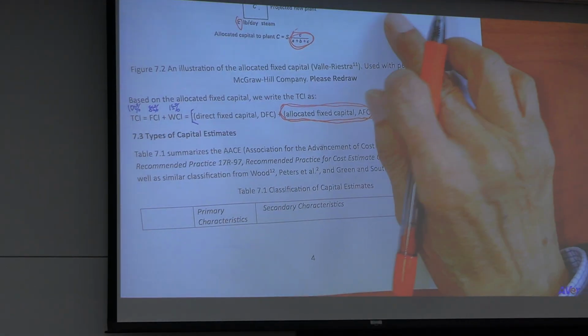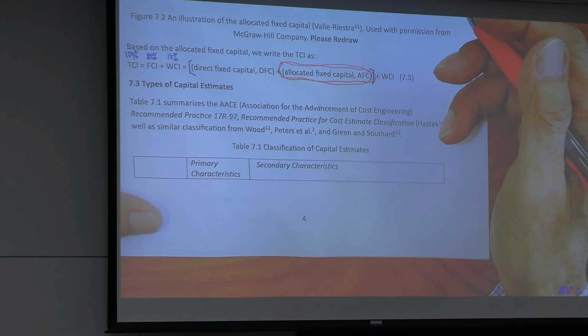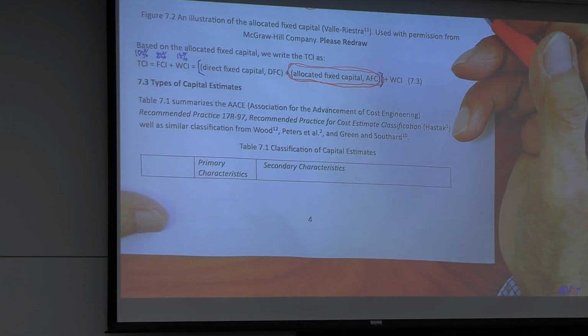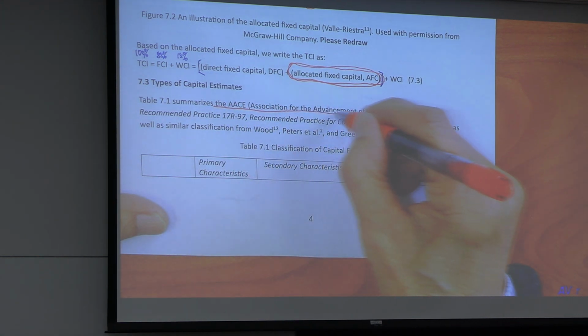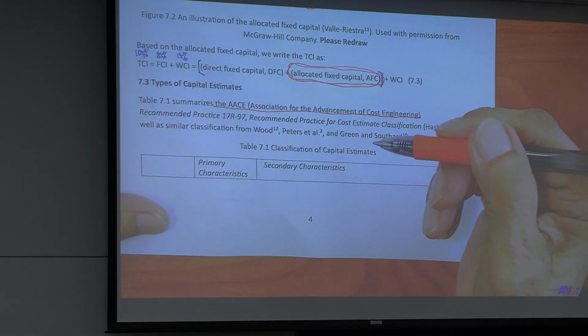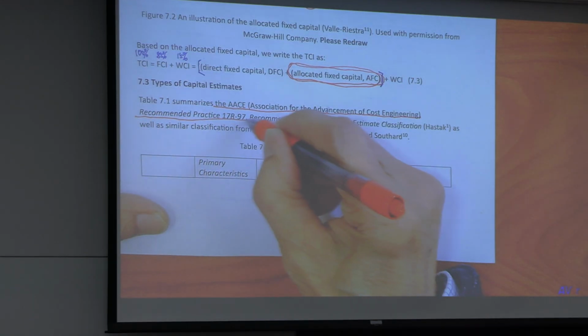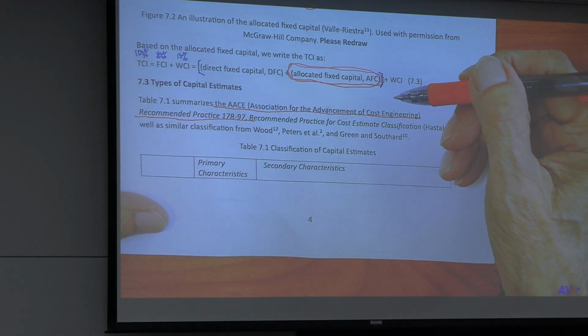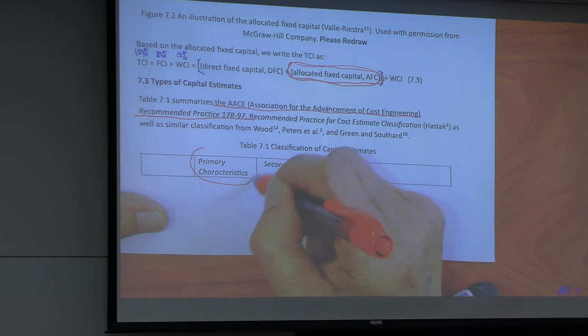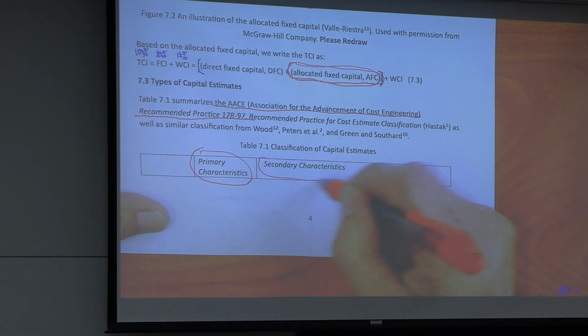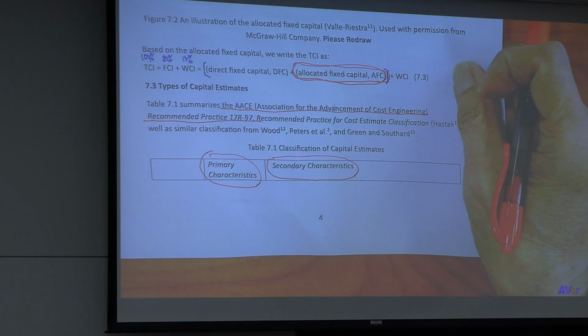Okay, here comes the important part. What are the types of capital investment? AACE recommended practice. Primary characteristic, secondary characteristic, page 5.